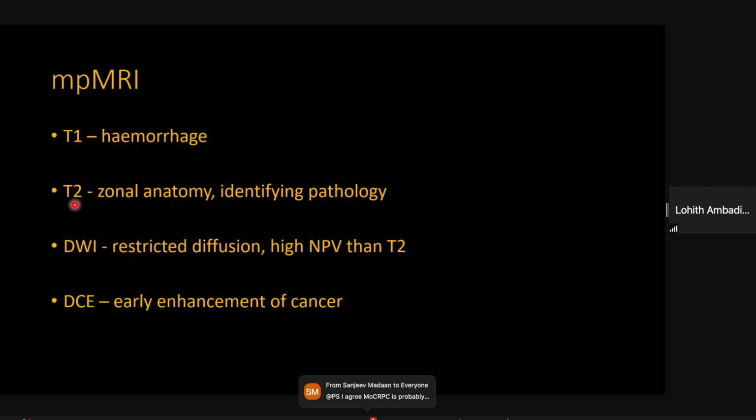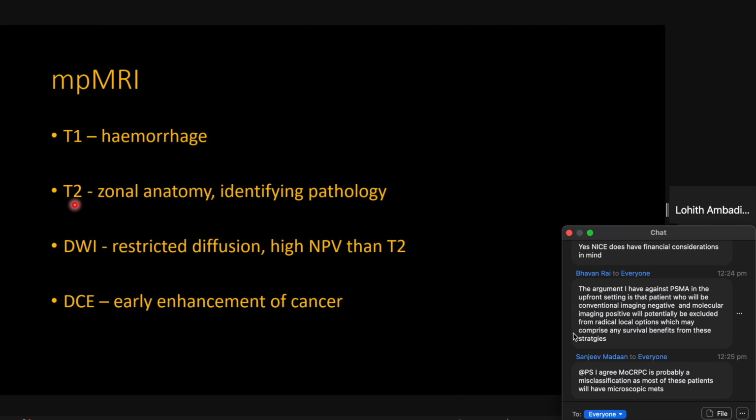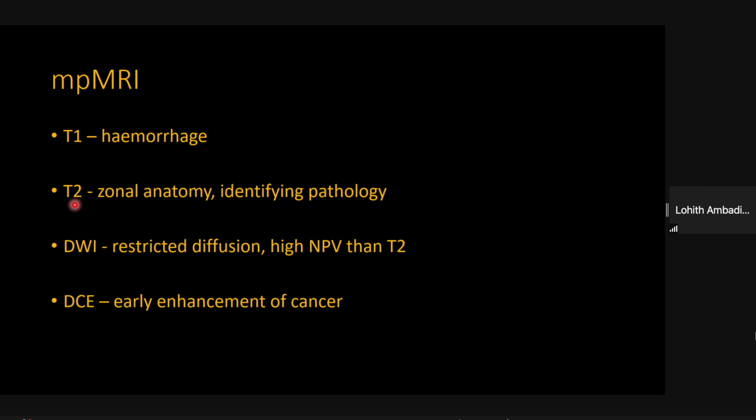T2, I would say, is the most important sequence in terms of delineating the zonal anatomy, measuring the prostate size, and even identifying signal alterations which would indicate pathology. And then we take the help of diffusion-weighted imaging and dynamic contrast enhancement study to further characterize what we see on T2 and see if that actually correlates well with the likelihood of cancer.